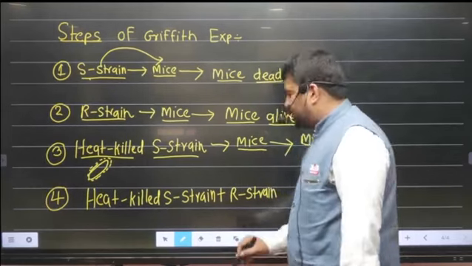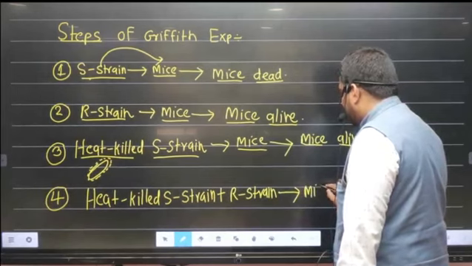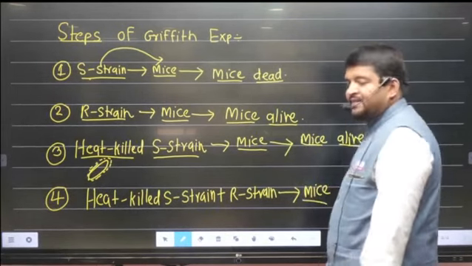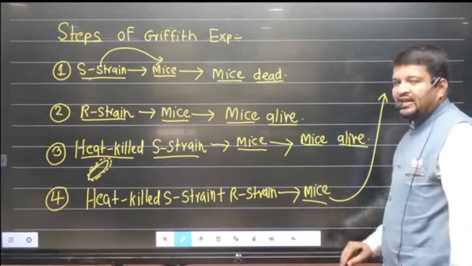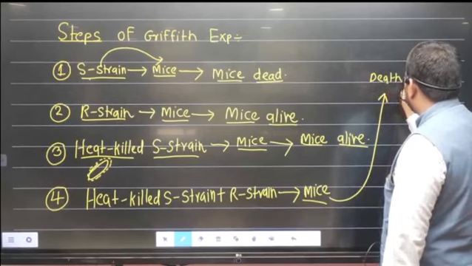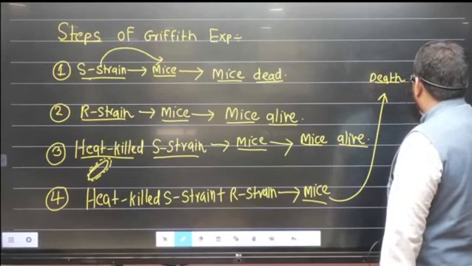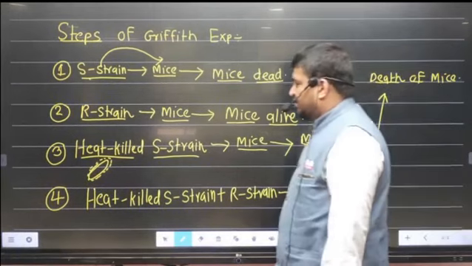He prepared this mixture and, with the help of an injection, transferred it into mice, and surprisingly he found that death of the mice takes place in the fourth step.